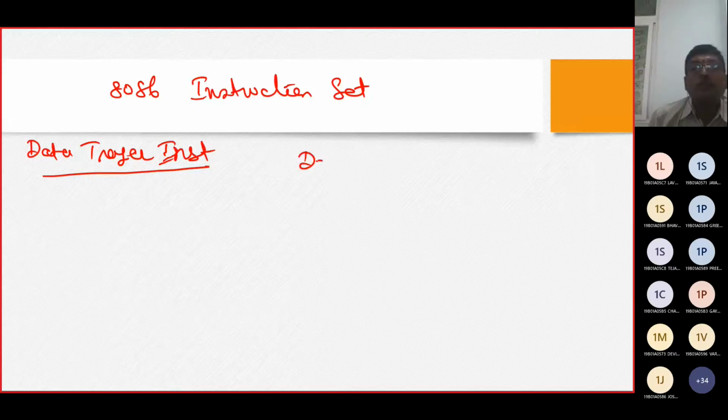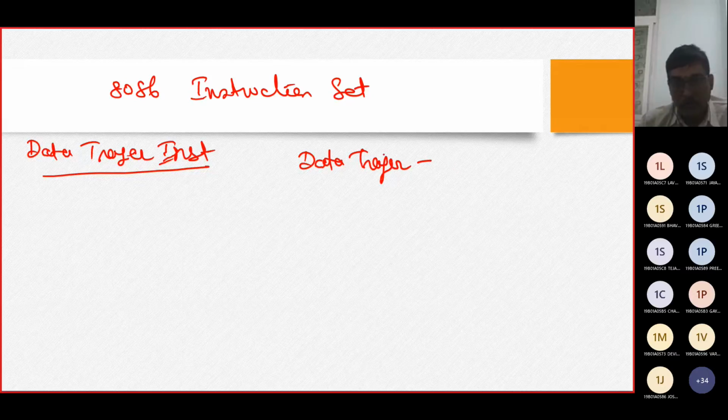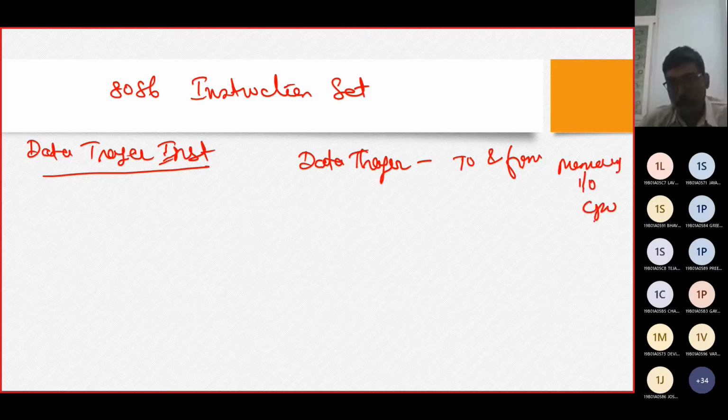When we say it is data transfer, it moves to and from memory, I/O and CPU. So what will be the instructions involved? The very first thing will be move.